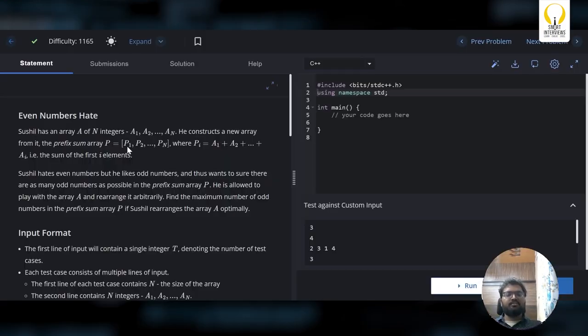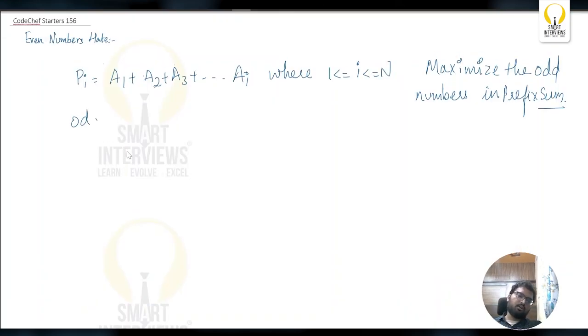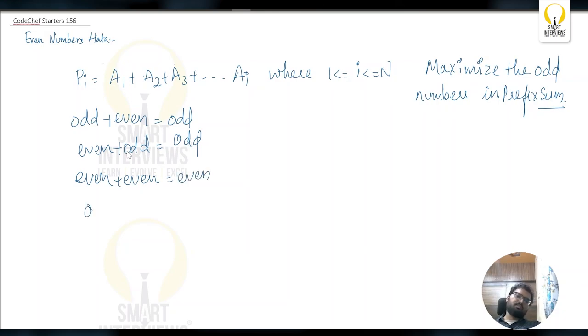Odd plus even gives you odd, and even plus odd also gives you odd. Even plus even gives you again an even, and odd plus odd gives you an even number.